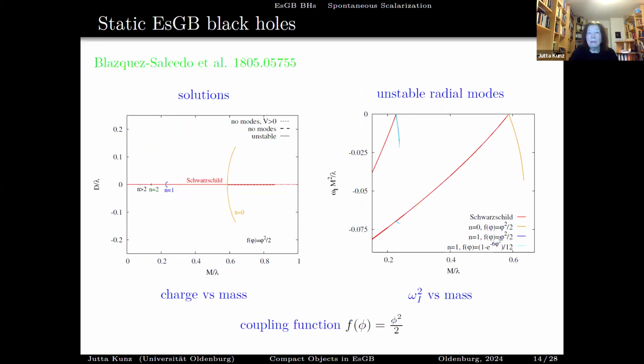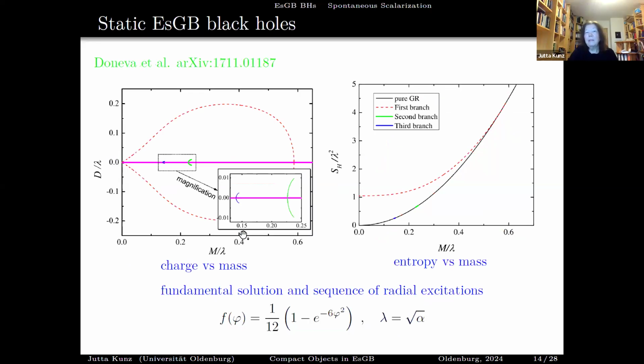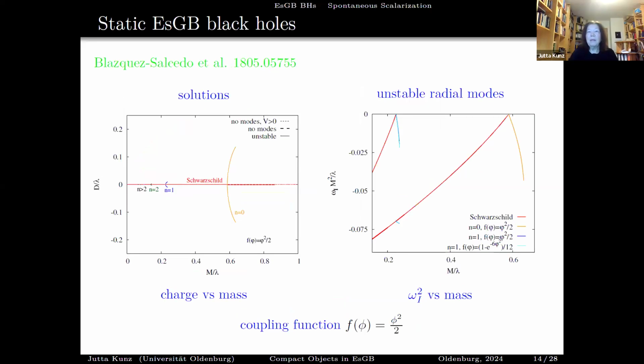This is for the simplest coupling function one can choose. And actually, for that coupling function, the fundamental solution is unstable. So this looks like a better coupling function than the simplest one can take.